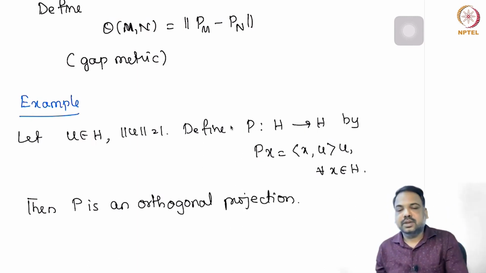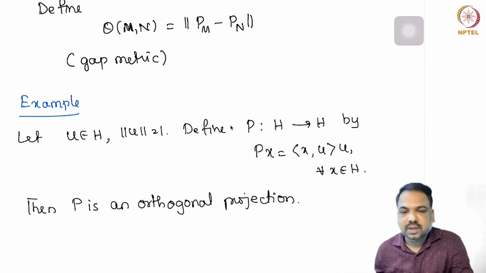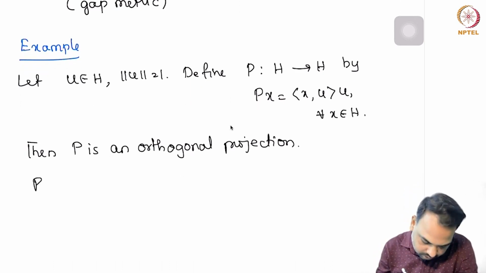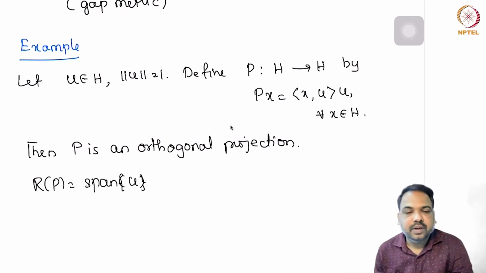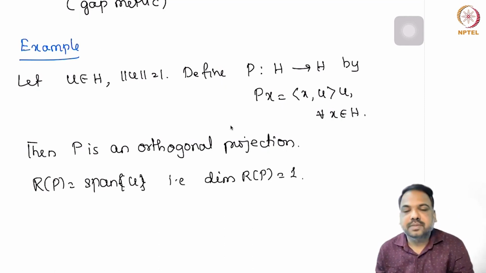And norm of P is 1. Anyway, by showing norm of P equal to 1, we can conclude that this is an orthogonal projection. And the range of P is spanned by the single element u, so range of P is span of u. It is a one-dimensional space, so the dimension of the range of P is 1.